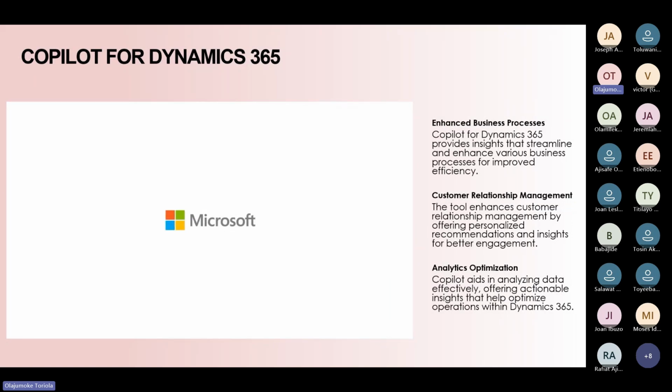Because there are many, I can't break them all down, that's why I just put Copilot for Microsoft Dynamics 365. All of the applications that fall under Microsoft Dynamics 365 have Copilot in them, just like I mentioned, one for Business Central, one for customer service, one for customer insights, and the list goes on.